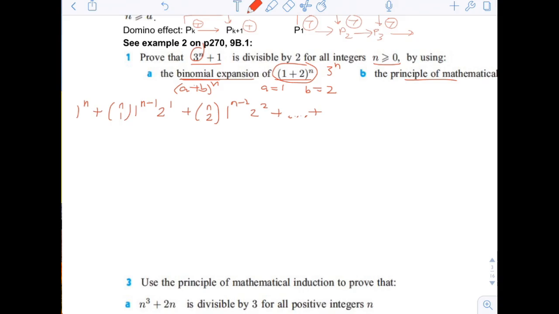And then we have n choose n minus 1, 1 to the first, 2 to the n minus 1, and then finally we have the last coefficient, which would be 2 to the n. Let's make this a little bit more compact.